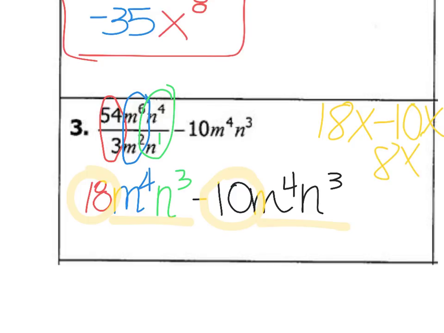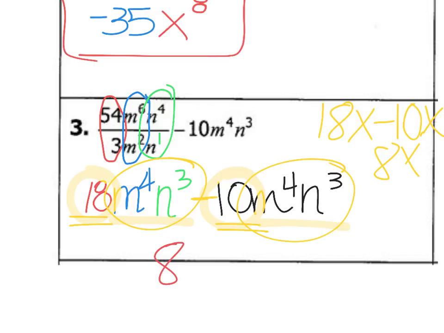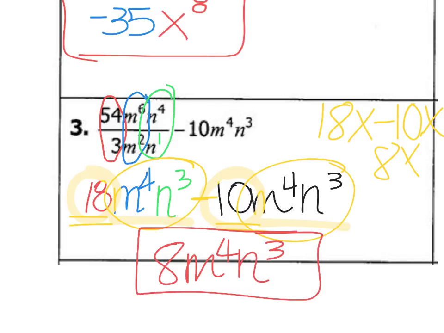In the same way, it's 18 m to the 4th, n to the 3rd, minus 10 m to the 4th, n to the 3rd. So we would just subtract 18 minus 10, and that would give us 8, and we would just say m to the 4th, n to the 3rd. Because they're like terms, we're just subtracting the coefficients in front. If you have any questions on 1 or 3, call me over. Otherwise, let's keep going.